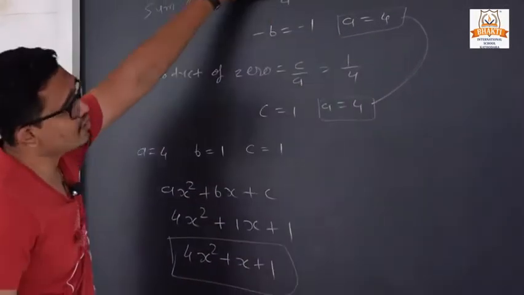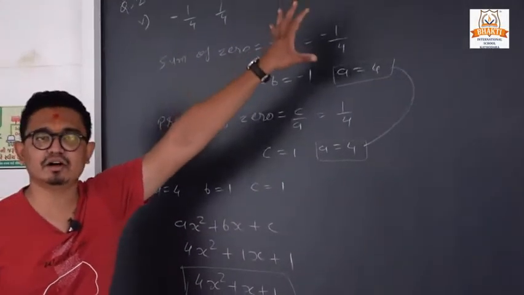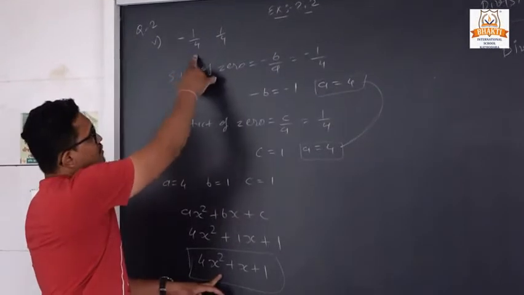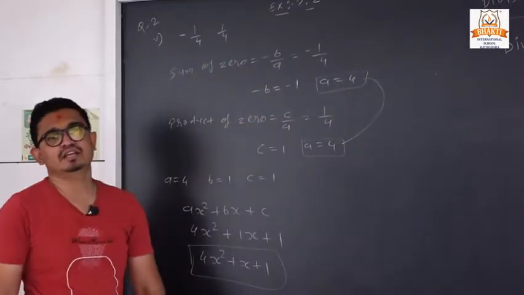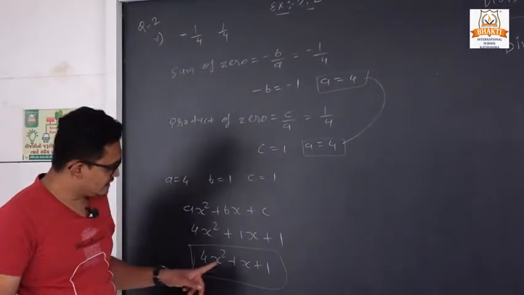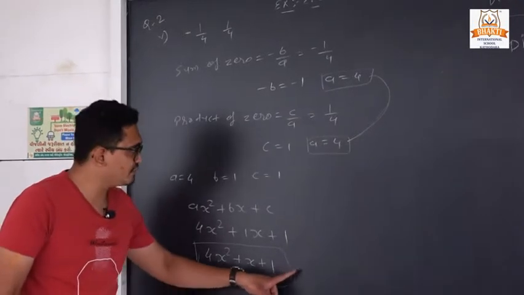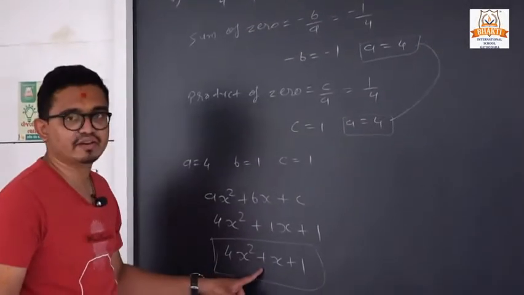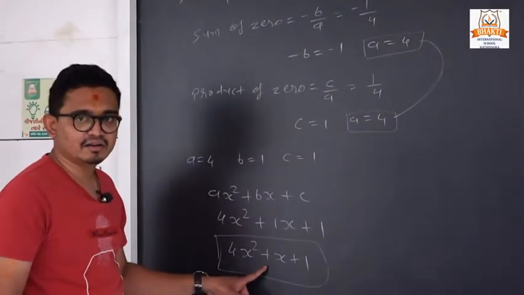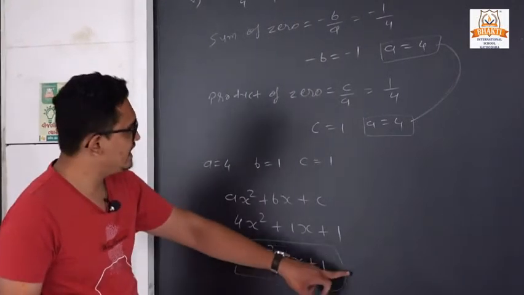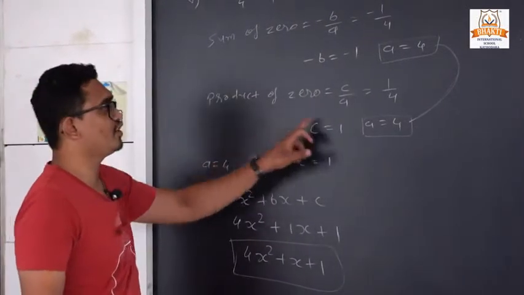So this is about what? In question 2, we find the polynomial from the sum of zeros and product of zeros. In question number 1 what happened? A quadratic equation is given, and from it we first find its zeros by using the factorization method, and then we find the sum of zeros and product of zeros.